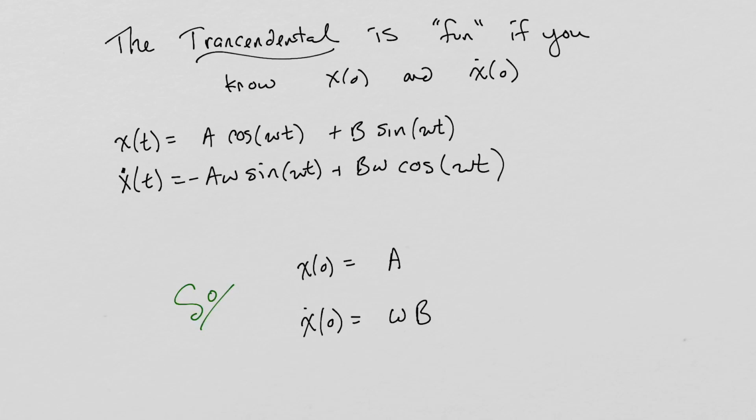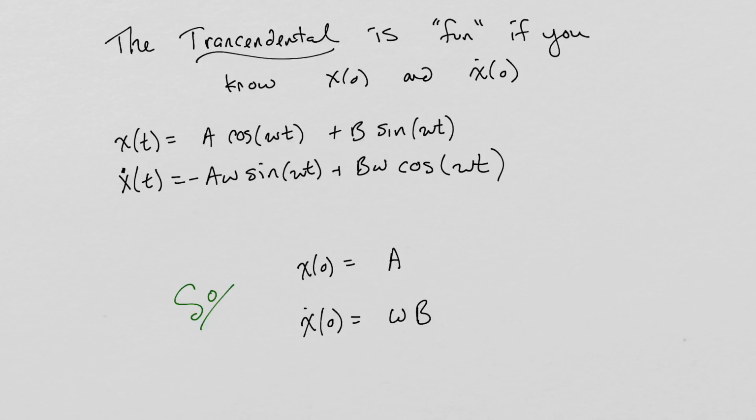I always start with the transcendental parameterization because to me it really helps to think about where the physical nature of these coefficients comes from. If I have the transcendental parameterization, I can see that x is a cosine plus b sine. Of course, the derivative of x is minus a omega sine plus b omega cosine.